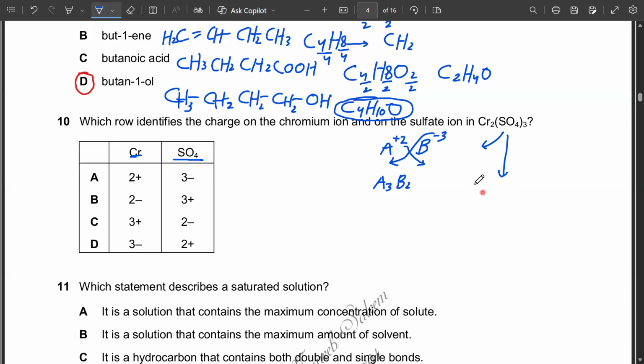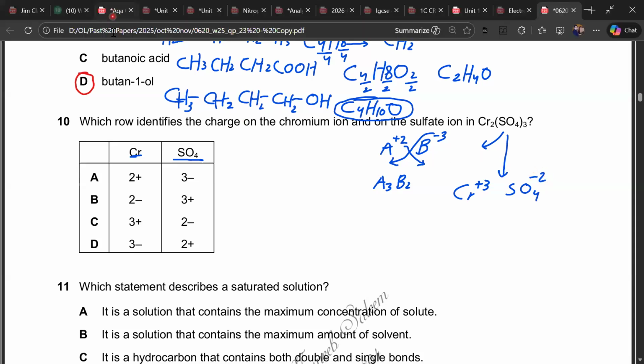So it will be Cr. Cr will carry this 3 as a positive charge because Cr is chromium, which is a metal. And sulfate will be the sulfate ion. So sulfate is SO4, and this 2 will become its charge. So it will be SO4 minus 2.